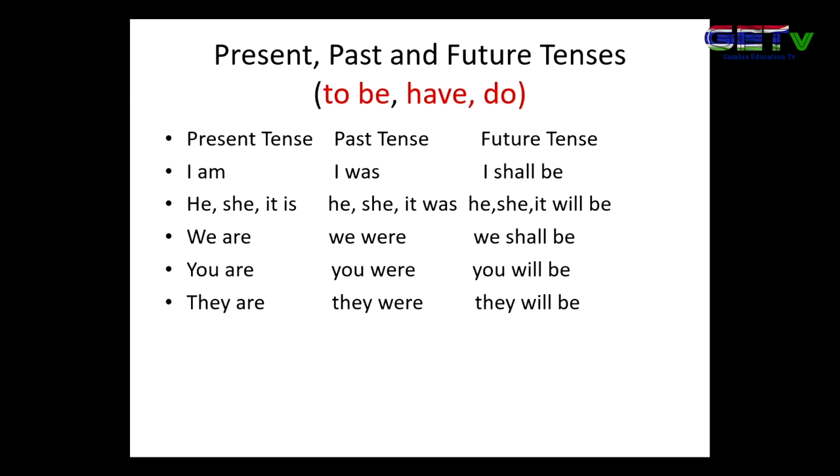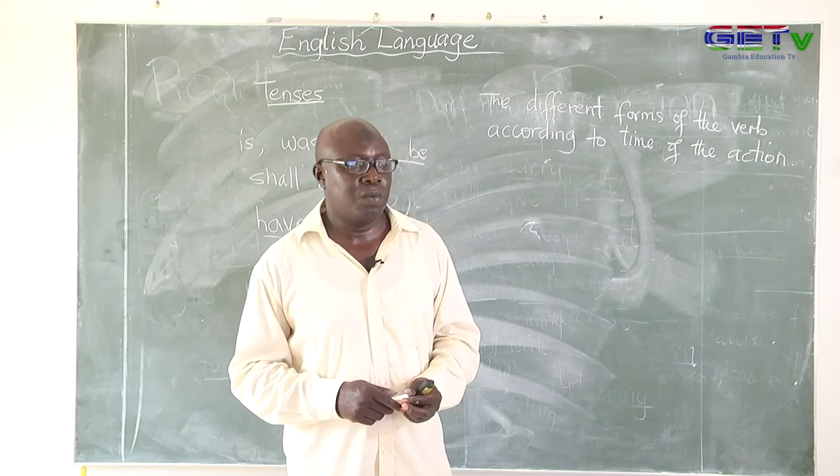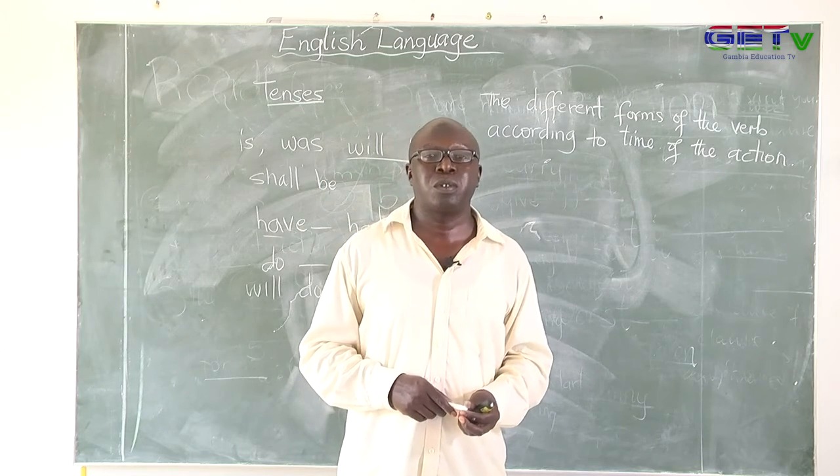We say I am, he is, she is, it is, but we say we are. I was, he was, she was, it was, but we say we were. W-E-R-E, we were. We don't say we was.